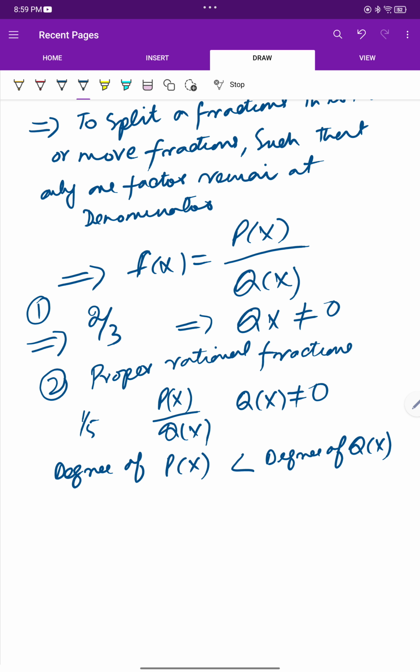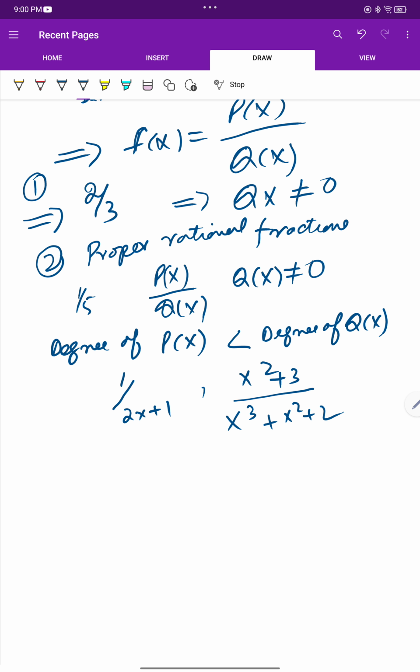It's pretty common. Like 1 divided by 2x plus 1, or x squared plus 3 divided by x cubed plus x squared plus 2. So the degree of the denominator is x cubed and the numerator polynomial p(x) is x squared.